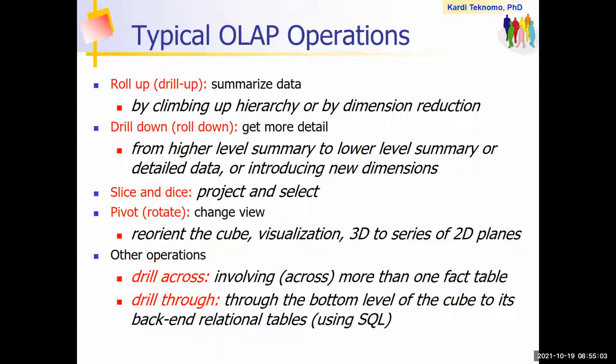From the higher level summary, you go to the lower level summary or more detailed data. When we say slice or dice, you select only a certain part of the cube. When we say pivot, it means you rotate and change the view. And sometimes if you have more than one table, you can have a drill across or drill through. We will not use this for Excel. This is usually for a database.